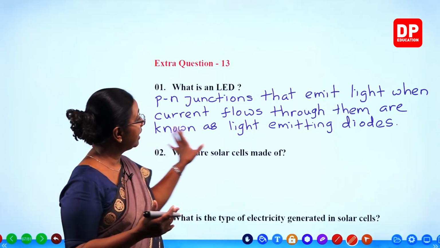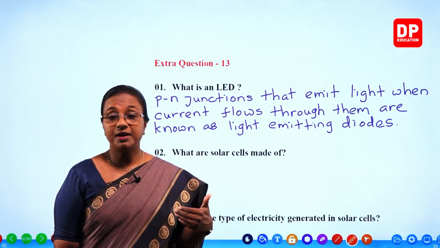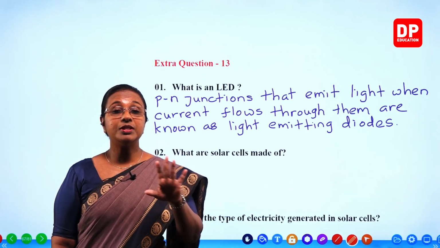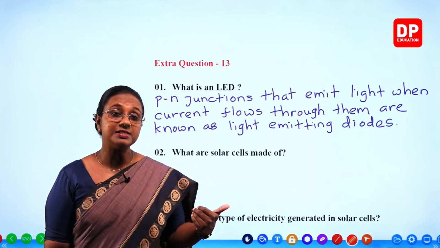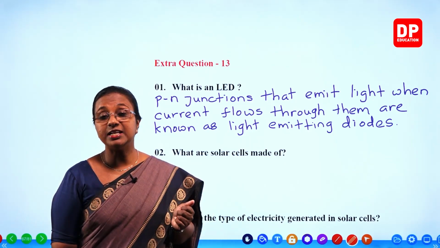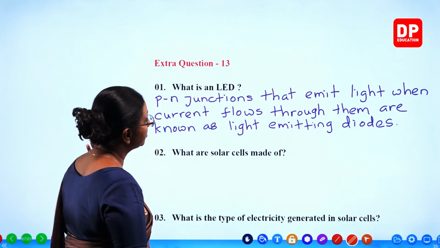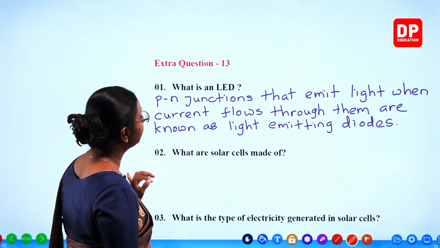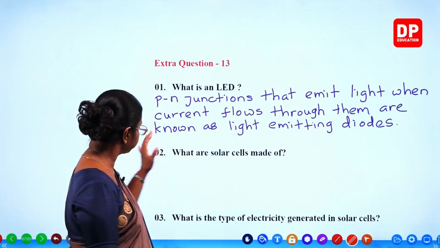All those are emitted by different types of LEDs if they are made with different materials. And you all know the biasing voltage of LEDs is higher compared to the normal silicon PN junction. The minimum value is 1.8 volts. You can remember that as well. So, PN junctions that emit light when current flows through them are known as light emitting diodes.